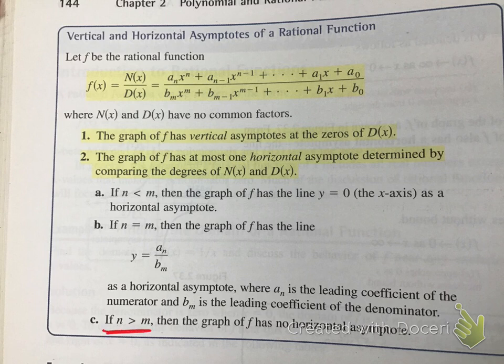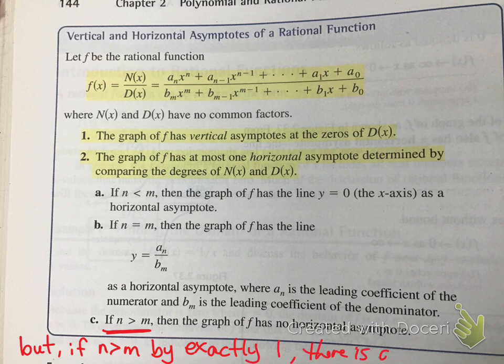So there is no horizontal asymptote, but we need to say, but if n is greater than m by exactly 1, there is a slant asymptote. I ran out of room. That we find with long division.